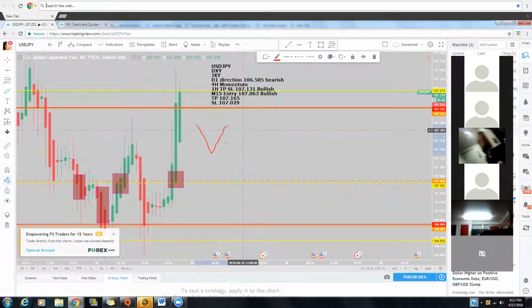So when you see a V, that's going to be your fluctuation of price. When you see the W, you're going to look for your neckline.